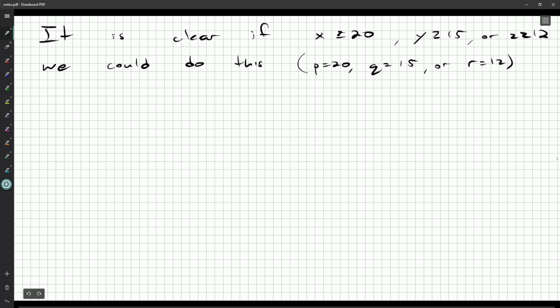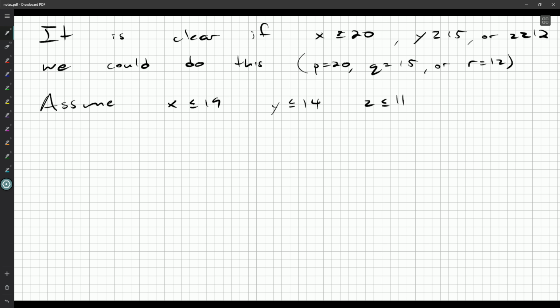So going forward, we can assume that x is at most 19, so you have at most 19 things that weigh 3 kilograms, at most 14 that weigh 4, and at most 11 that weigh 5. And 11 seems very restrictive for z, the number of things that weigh 5 kilograms.